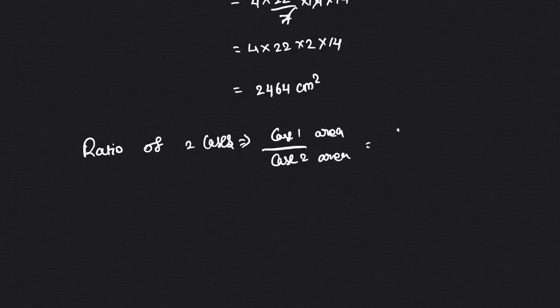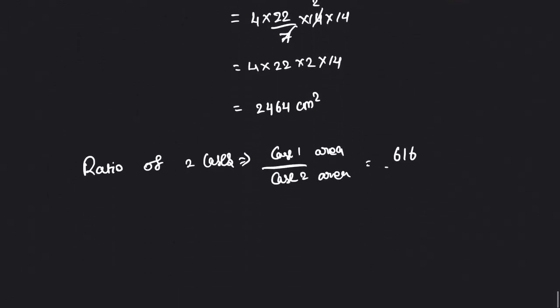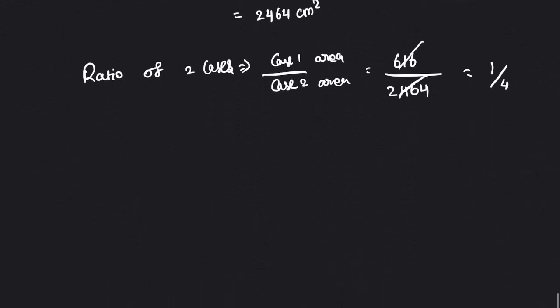Just substitute 616 for the previous value and the new one is 2464. After simplifying, we get 1 divided by 4. So the ratio of area in the two cases is 1:4.